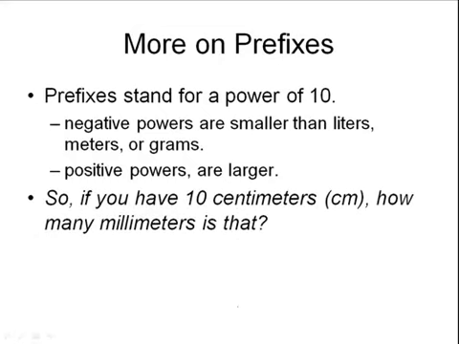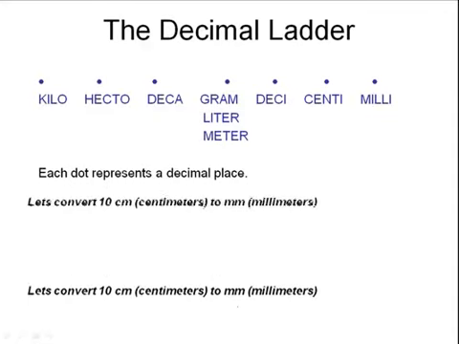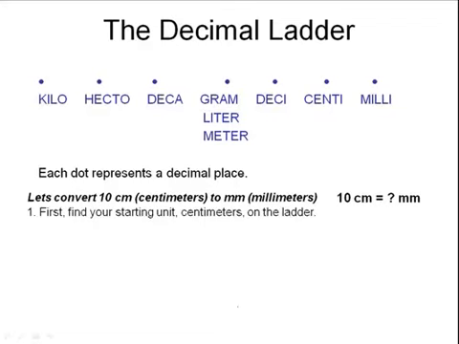So if you have 10 centimeters, how many millimeters is that? Well, taking a look at your decimal ladder, each dot represents a decimal place. Let's convert 10 centimeters to millimeters. Okay, so what you do is you first find your starting unit, which is centi.